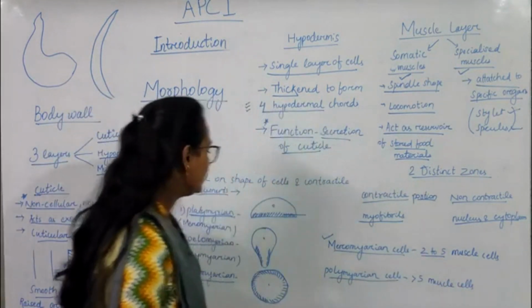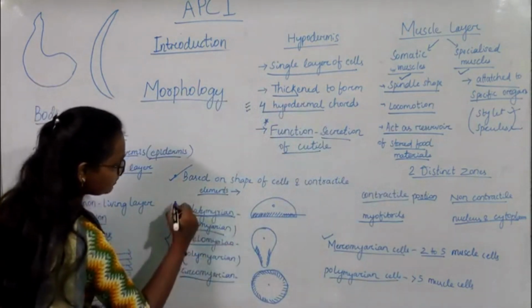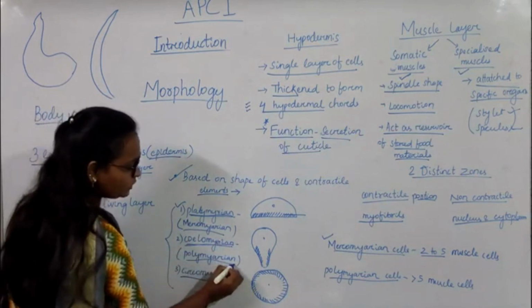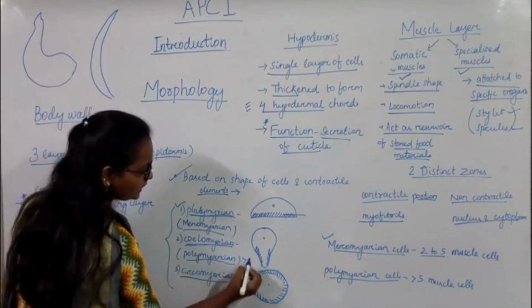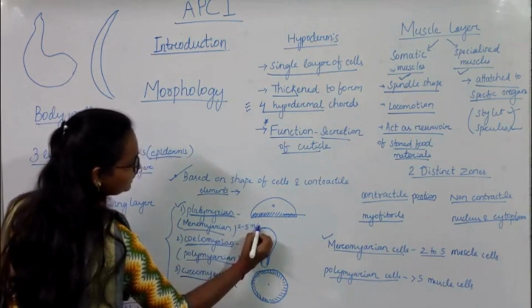Here you can see the platymyarian cells are always meromyarian, which is very important, and the coelomyarian cells are polymyarian, which means more than 5 cells are present, and here 2 to 5 muscle cells are present.